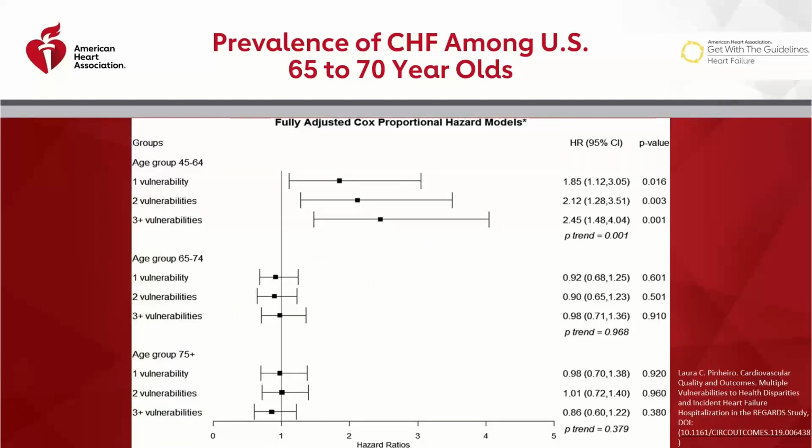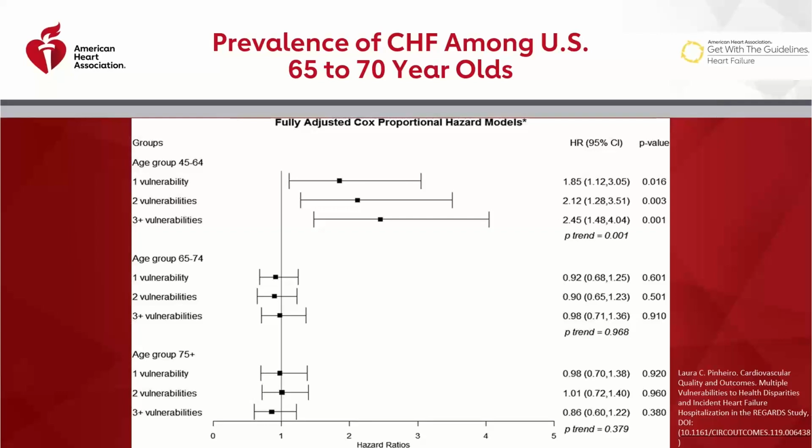And then in this slide, we realize that the more vulnerable, as we were looking at those indices of vulnerability, in this study it demonstrates that the more vulnerabilities that you had, we were talking about transportation issues, poor access to capital, if you were unhoused, if you lived in a food desert, the higher the likelihood that you were going to develop heart failure.